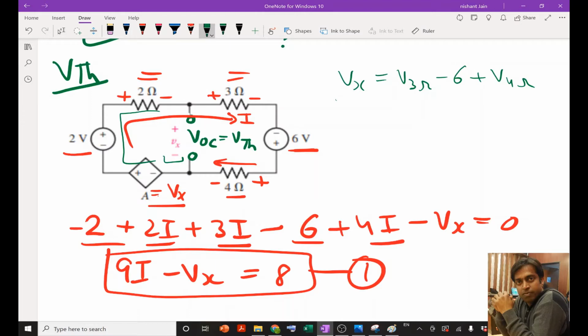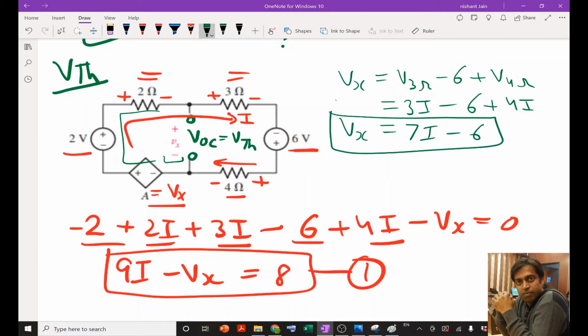So if Vx is taken as V3 ohm minus 6 plus V4 ohm, then substituting the value of V3 ohm, we will get 3i minus 6 plus 4i, which means 7i minus 6. It is the value of our Vx. So this is going to be our second equation.